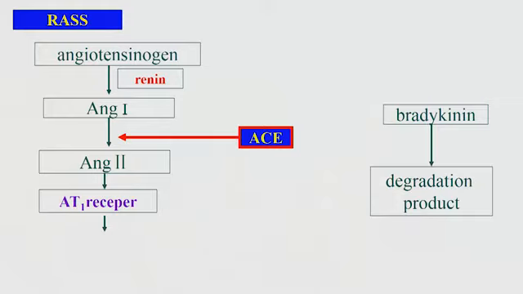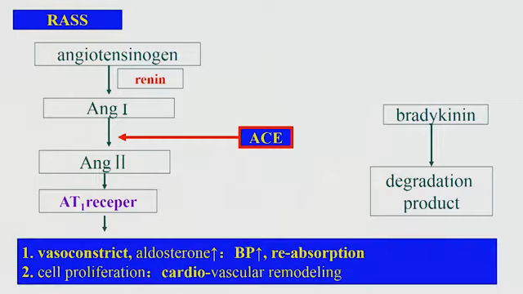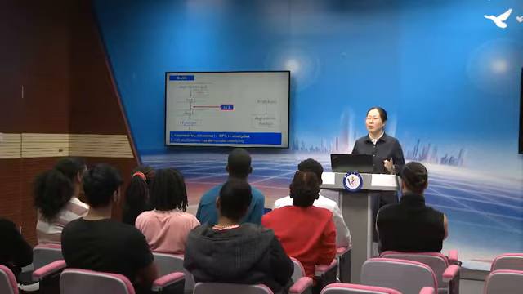Angiotensin 2 binds to its receptor, such as angiotensin 1 receptor, and has pathophysiological functions, such as vasoconstriction and promoting aldosterone secretion, so blood pressure increases, and in the long term, remodeling and hypertrophy.